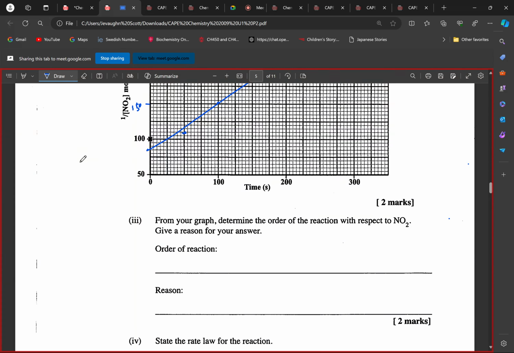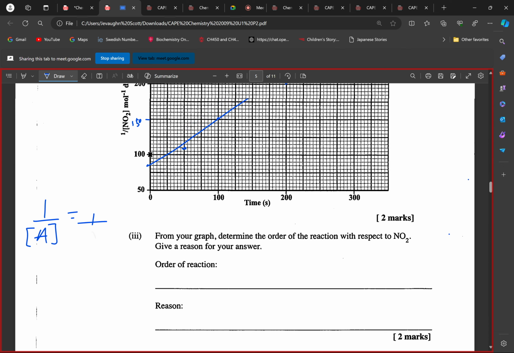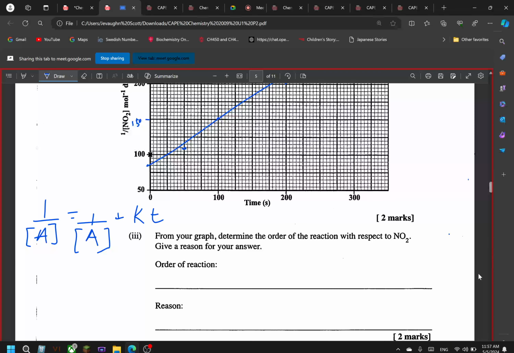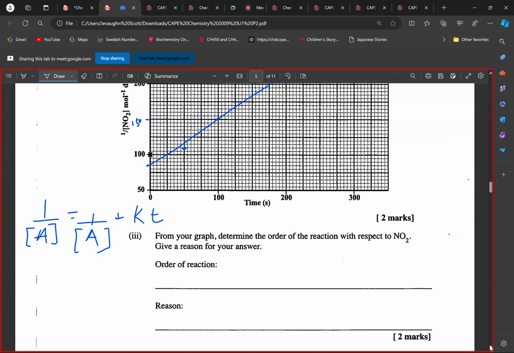And the integrated rate law will be 1 over the concentration equals 1 over the initial concentration, plus kt, k being the rate constant and t being time. So with that now, if we linearize the formula, y equals mx plus b.